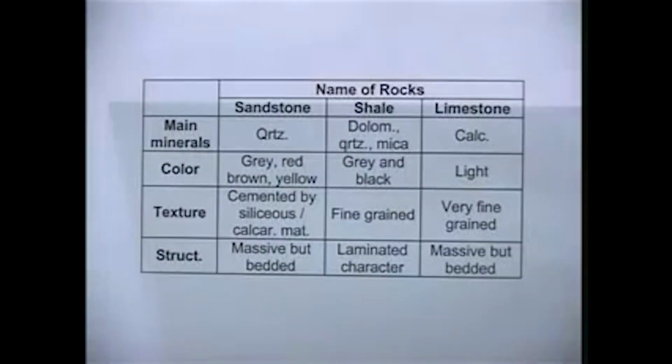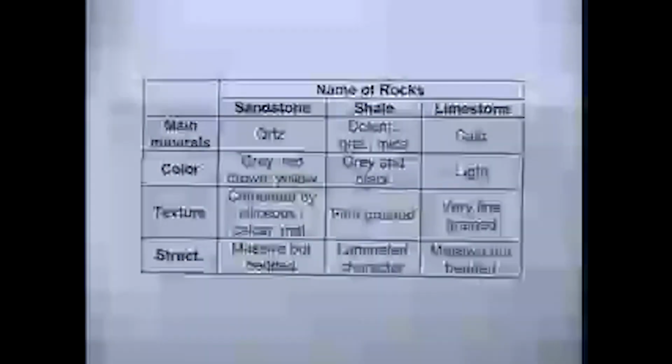Okay, now we are going to look at a few samples of common rock types. Let's begin with sedimentary rocks. We are going to look at a few samples of sandstone, shale and limestone.